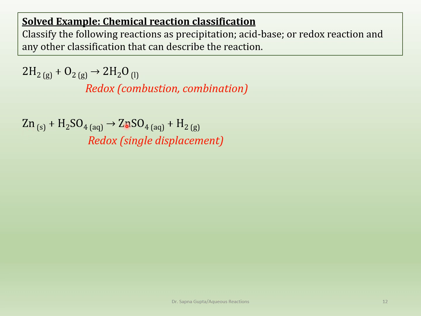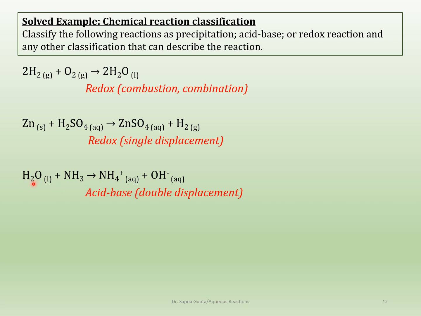Zinc has lost electrons. In this next case, we see what's happening. So we have water here, we have ammonia here, and then we have hydroxide. So it seems more like an acid-base reaction. So that's kind of what it is, and it's a double displacement. The ammonia seems to be getting one hydrogen from here.